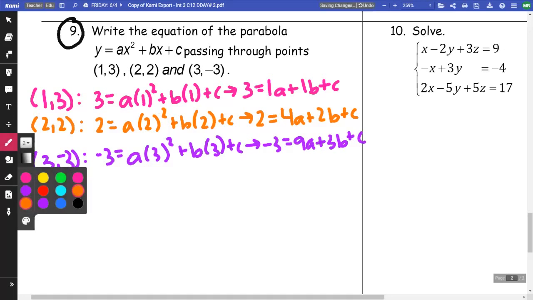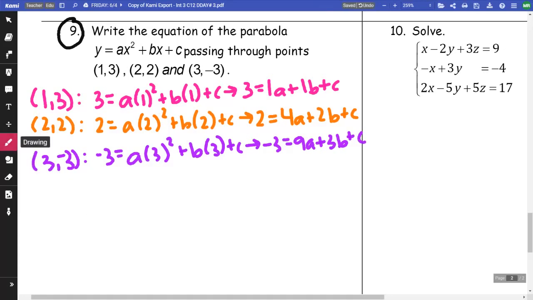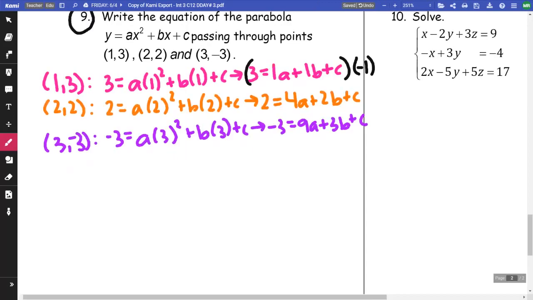And my goal is to try to eliminate one of the variables and get 2 equations and 2 variables. C would be the easiest because each of them has just a plain c. So I'm going to multiply the top one by negative 1. And I'm going to end up with negative 3 is equal to negative a minus b minus c. And I'm going to do it with the orange one first.